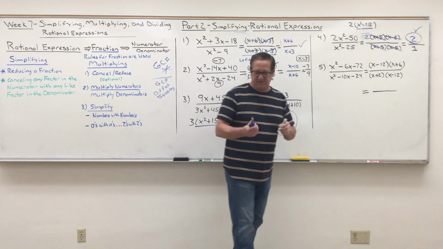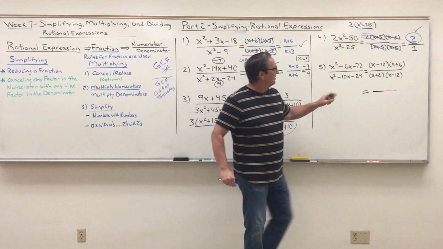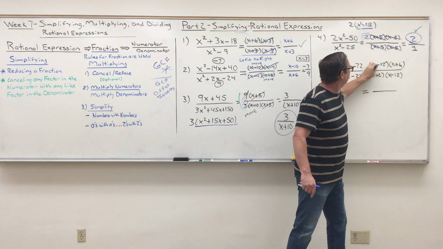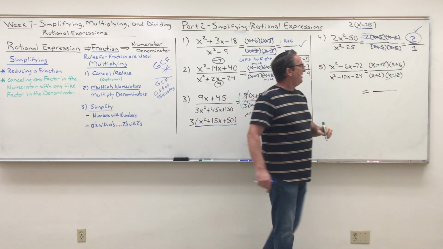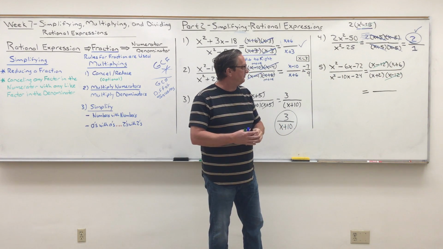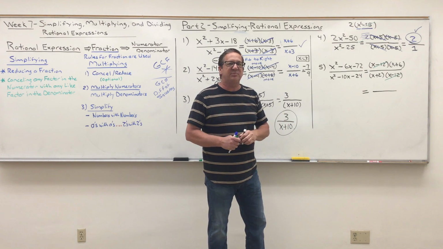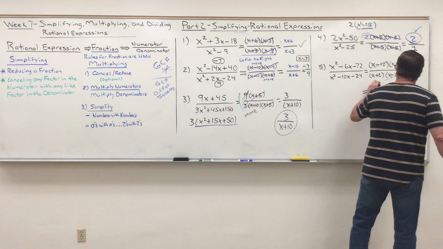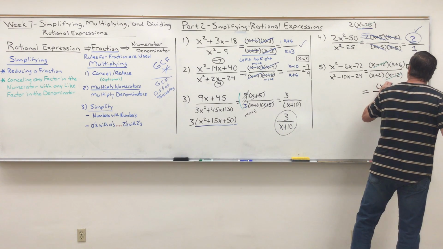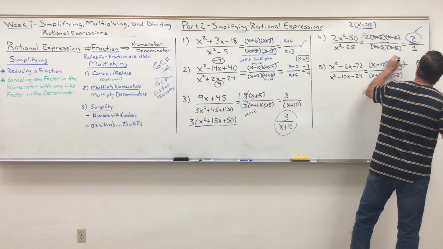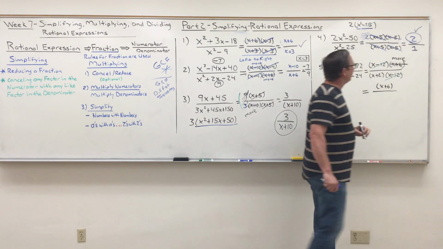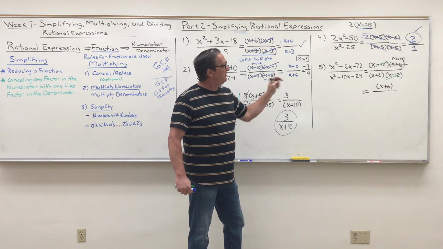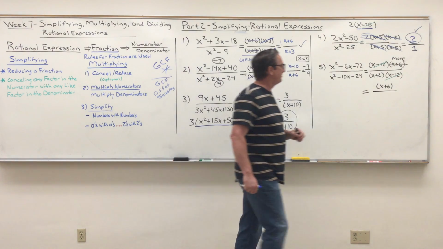And I want to get ready for my final answer. So I work left to right. I have an x minus 12 on top, and I have an x minus 12 on the bottom. I have an x plus 6 on top, and there's no x plus 6 on the bottom. So that's a move. The top is clear. The bottom has a leftover of x plus 2.